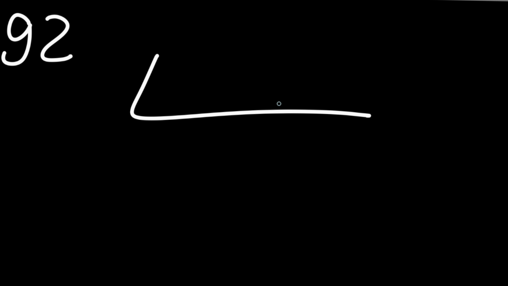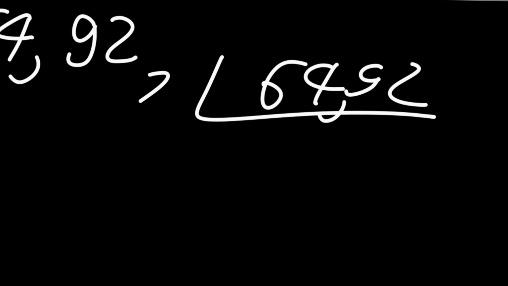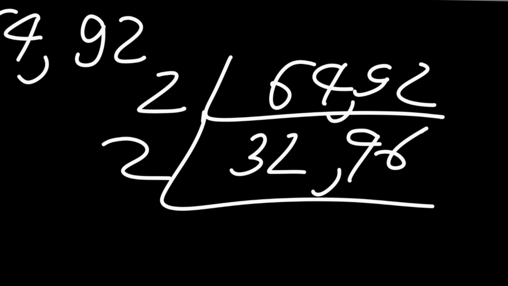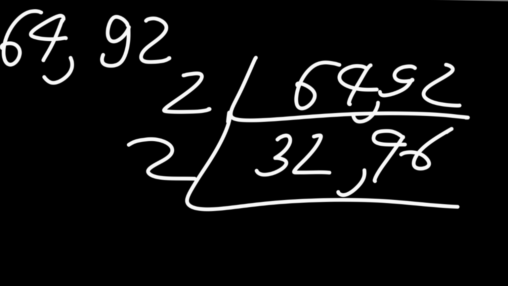Can we divide 64 and 92? Okay, let's do the division method. 2 divided into 64 is 32, I think, since 2 32s is 64. 92 divided by 2 is 46. For some people who don't know division, it might still be hard, but yeah, 2 16s is 32, and 2 how much is 46?